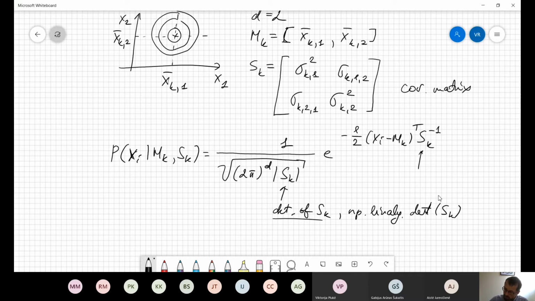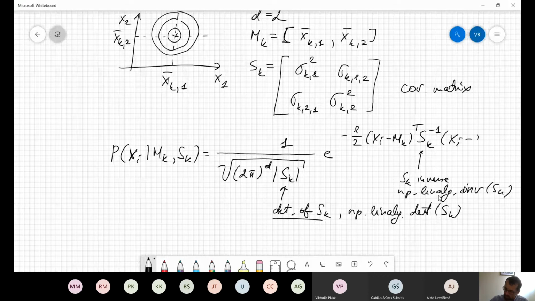This is sk inverse, the inverse matrix, which you can calculate with np.linalg.inv of sk, times xi minus mk again.